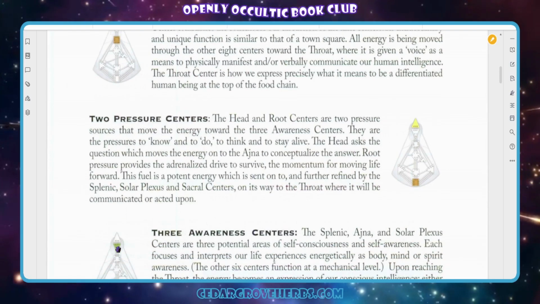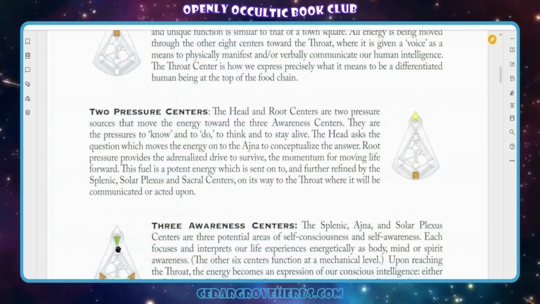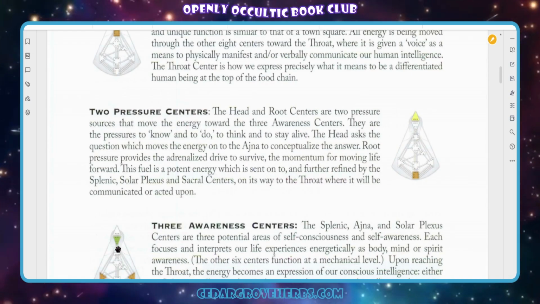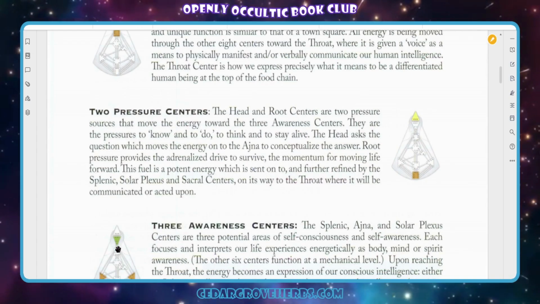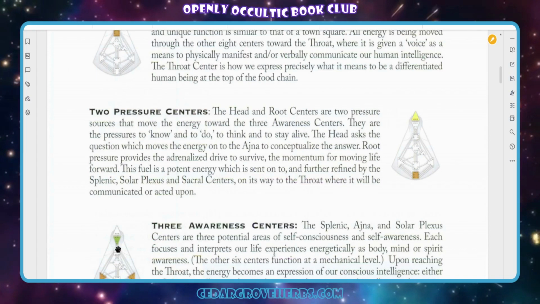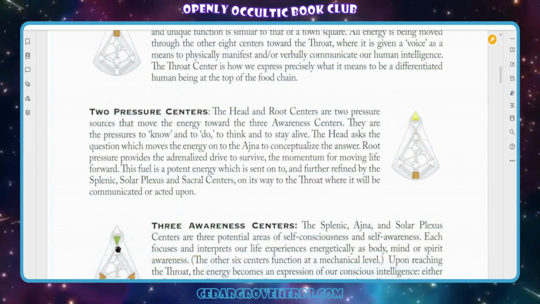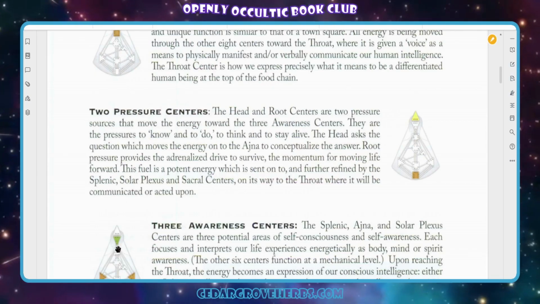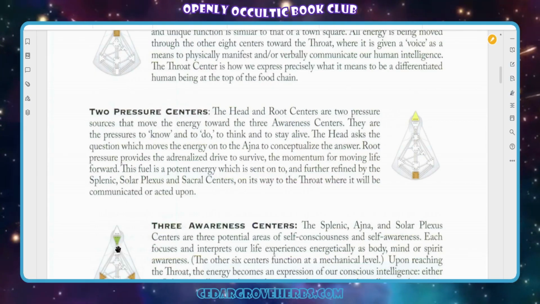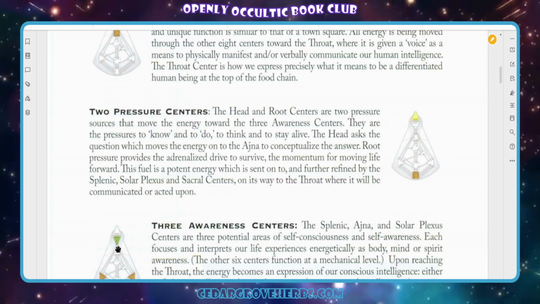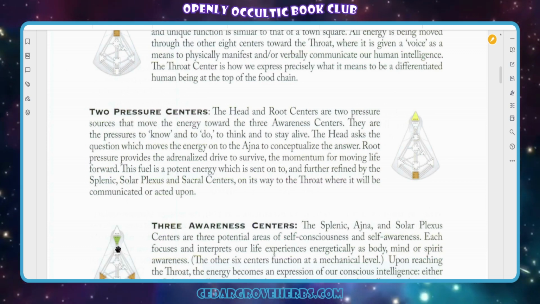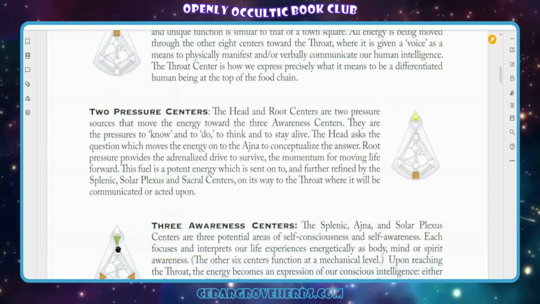There are 2 pressure centers. The head and root centers are 2 pressure sources that move the energy towards the 3 awareness centers. They are the pressures to know and to do, to think and to stay alive. The head asks the question, which moves the energy onto the ajna to conceptualize the answer.